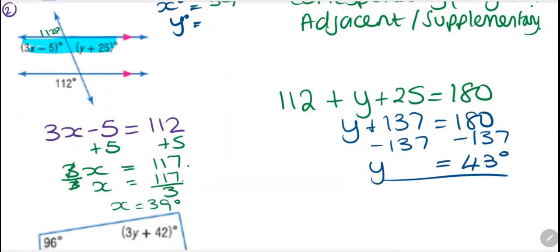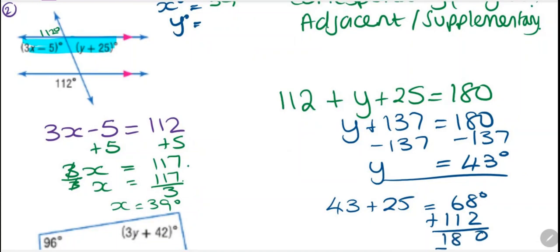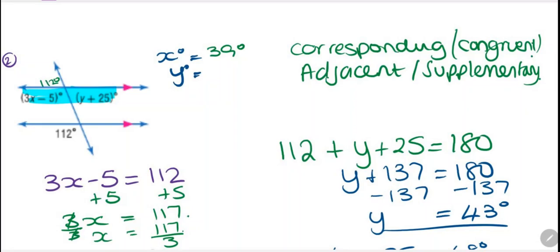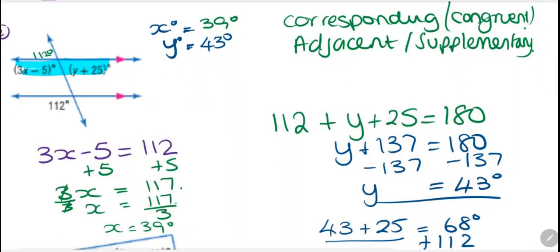We have y is 43 plus 25, so that would give us 68 degrees. If we add 112, that would give us 180. So we can say that y is 43, and this angle here, the total is 68 degrees.